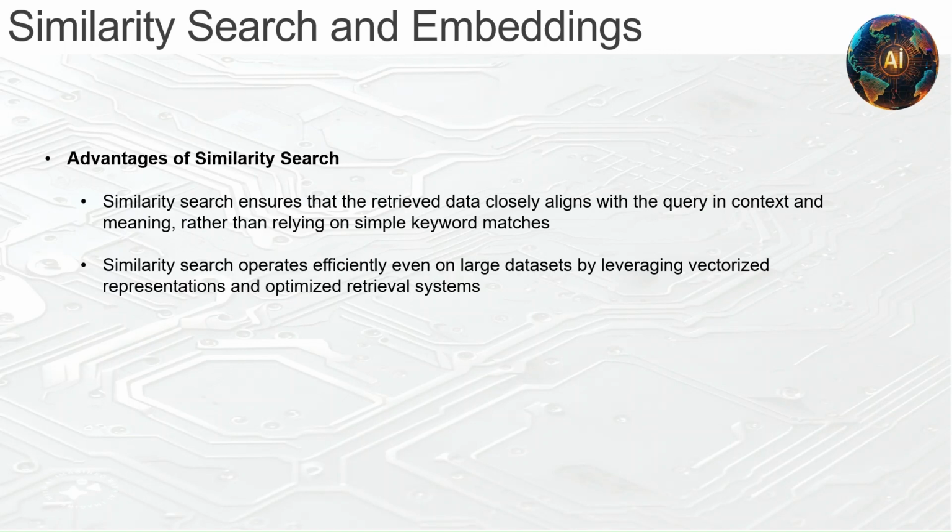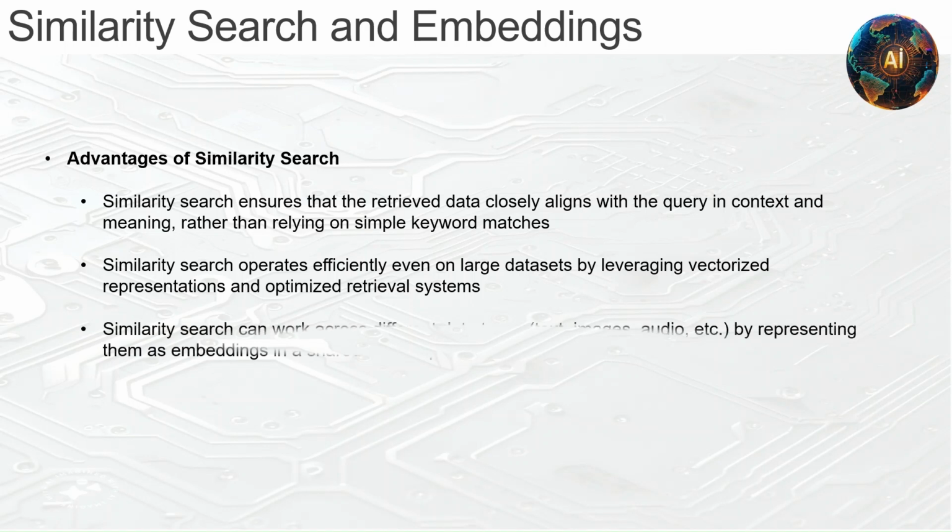Also, similarity search operates efficiently even on large datasets by leveraging something called vectorized representations, which we will see soon. Finally, similarity search can work across different data types: text, images, audio, etc. by representing all of these as embeddings in a shared vector space. As I said, we will see the details on embeddings or vector databases soon.